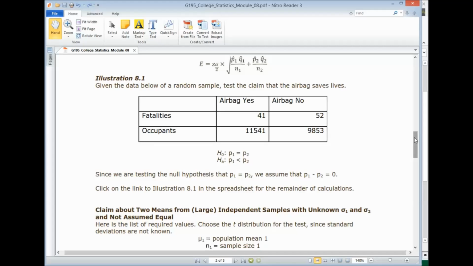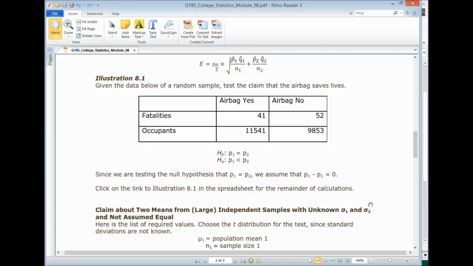And out of 11,541 for the airbag yes, and airbag no was 9,853 people. So we're going to assume P1 equal to P2, so airbags don't make any difference. And we'll say P1 corresponds to the proportion with the airbag. So we're going to assume that proportion is less than P2, where it's without the airbag.